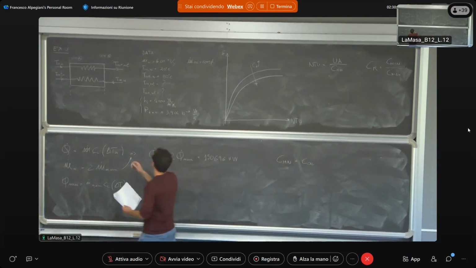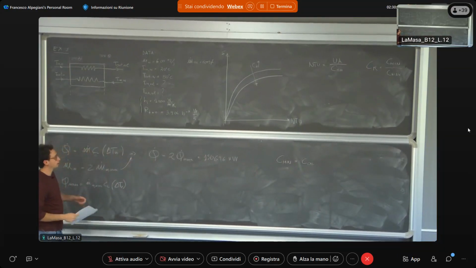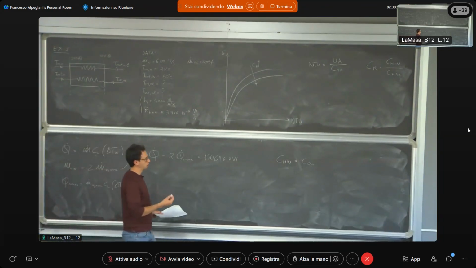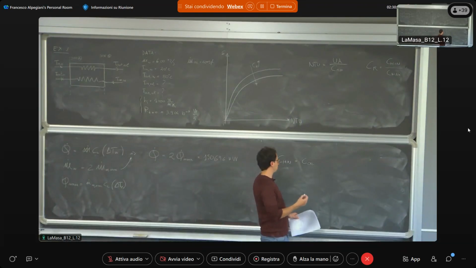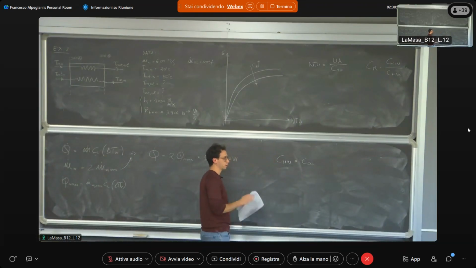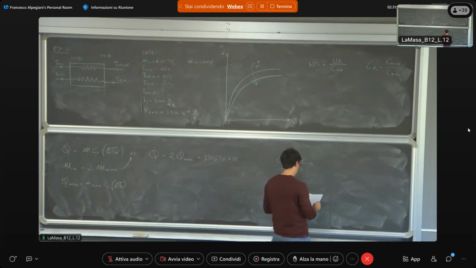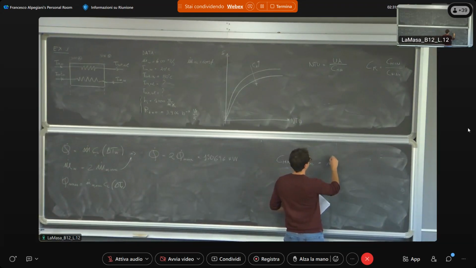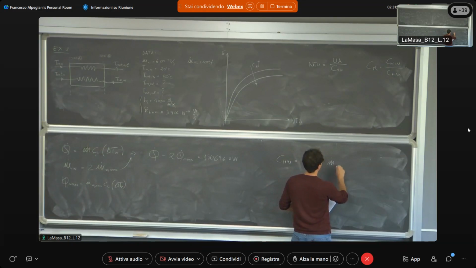Because the heat capacity of the oil remains the same, because the mass flow rate of the oil is the same, while for sure the heat capacity of the water increases. And since before C oil was lower than C water, also in this case we can assume for sure that C oil will be the lower one between the two. Okay, so this is equal to m oil times Cp of the oil.